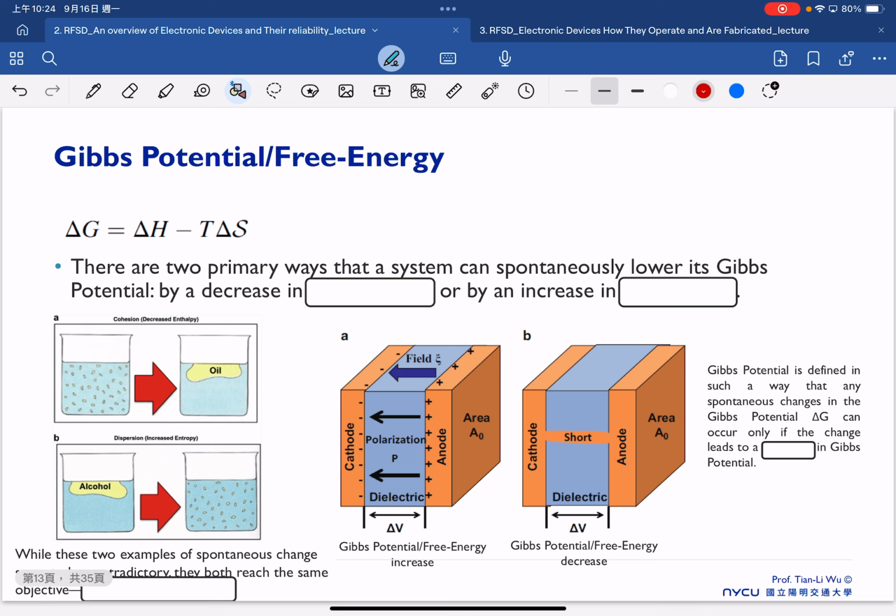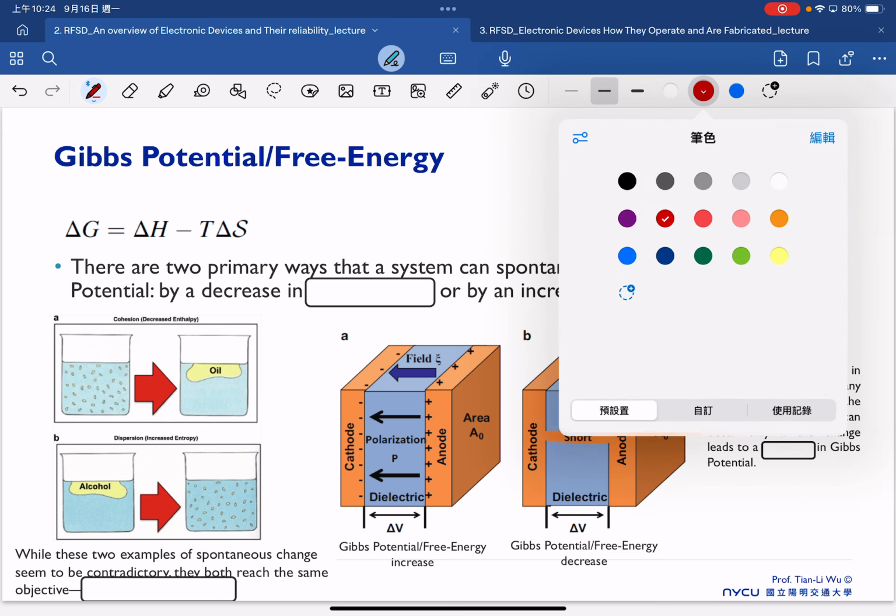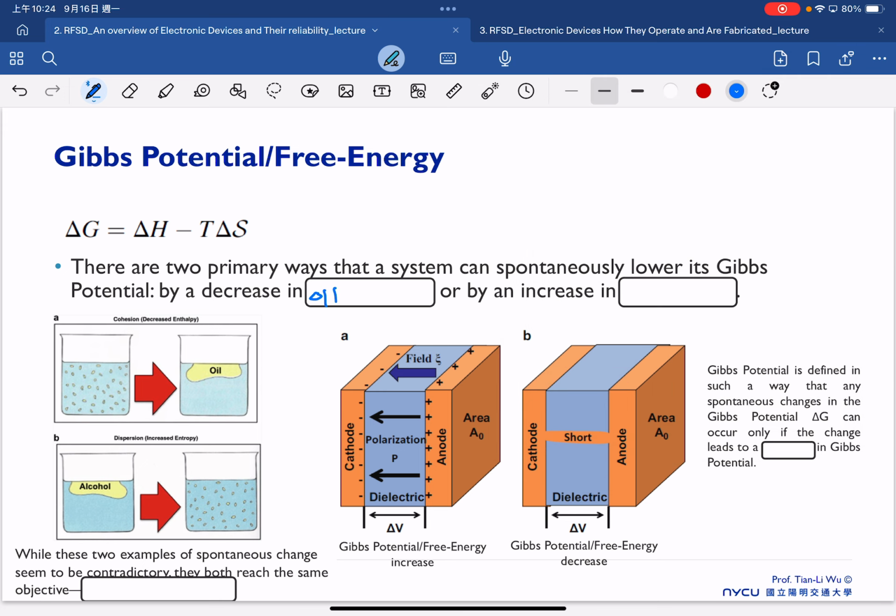Also, we can consider the Gibbs free energy. There are two primary ways that a system can spontaneously lower its Gibbs potential. First is by a decrease of delta H. Or by an increase of delta S, that's entropy.